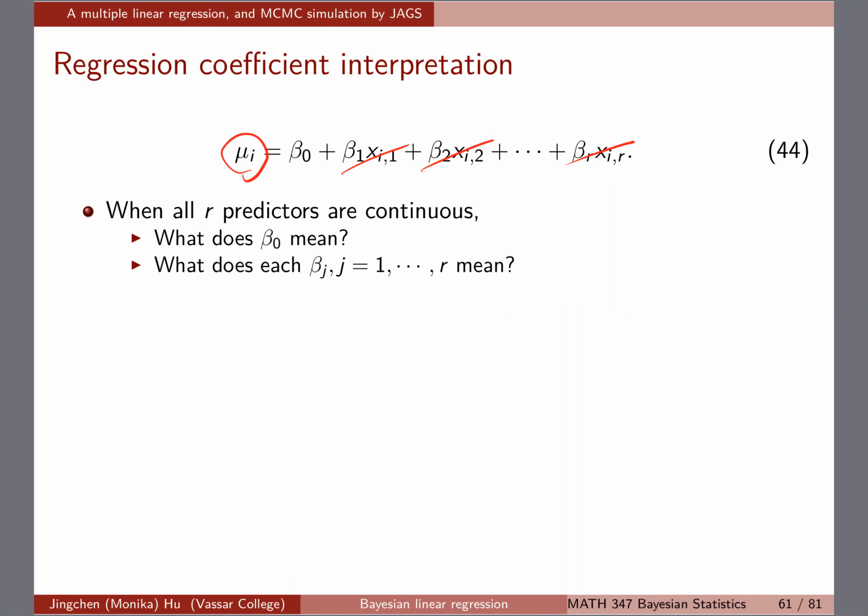Anyway, never mind, sorry, we're talking about continuous. If you have a bunch of continuous predictors, beta_0 is the case where all of the continuous predictors take value 0. What's the expected y, which is the mean, mu_i? So what about a specific beta_j? What do you think it means?